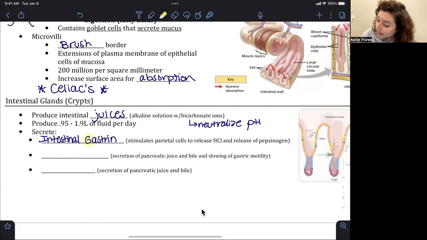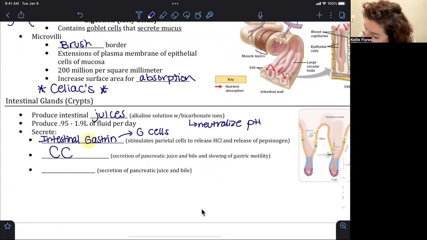This gastrin is made by the G cells of the stomach. So ultimately, that will help us break things down and help us break down proteins, because pepsinogen is the inactive form of pepsin.